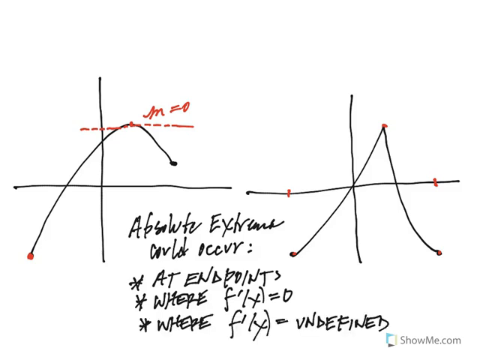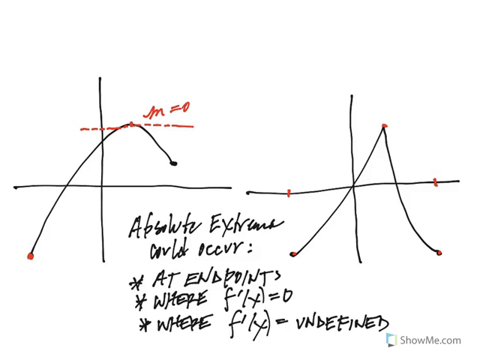All right. So I've got 3 places that I have to check that could potentially be the highest or lowest point. First, I'm going to check the endpoints, and then I'm going to use the derivative and find out where that is equal to 0 and where it is undefined.